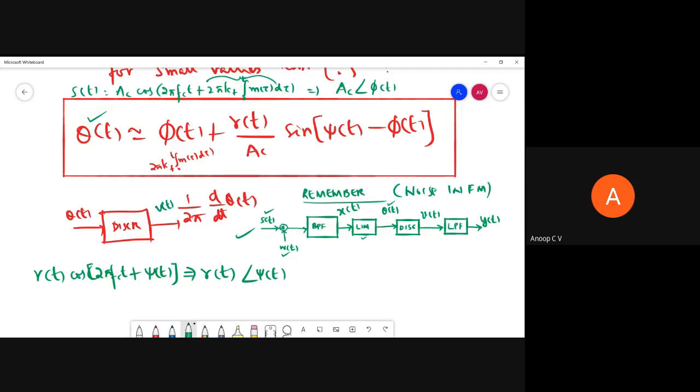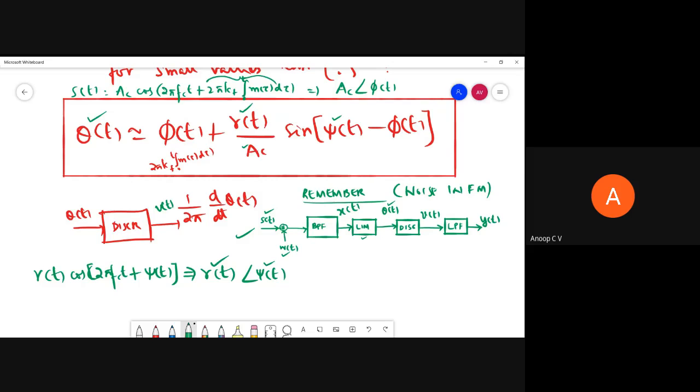This r of t is nothing but the magnitude of the noise phasor, equal to the square root of in-phase component squared plus quadrature component squared. A_c is the carrier amplitude, psi of t is the phase of the noise phasor, and then phi of t again.